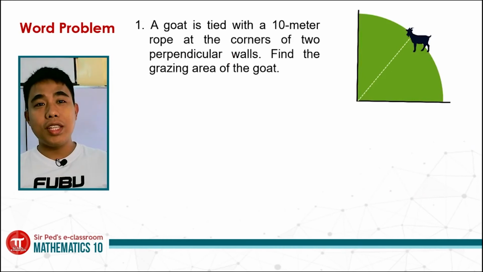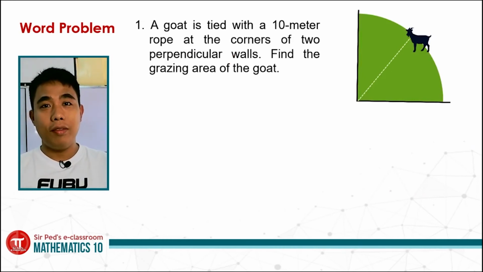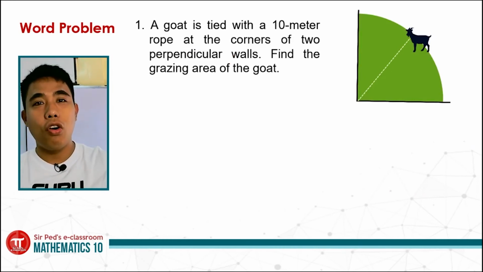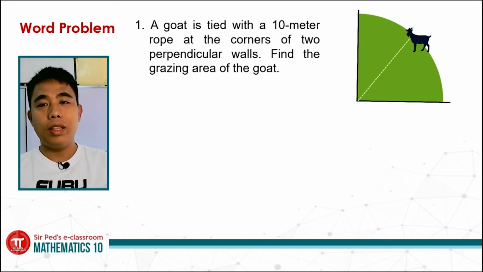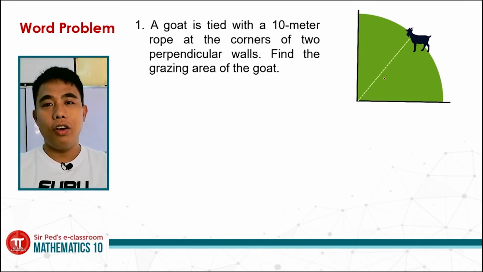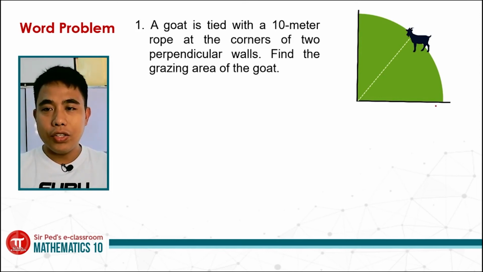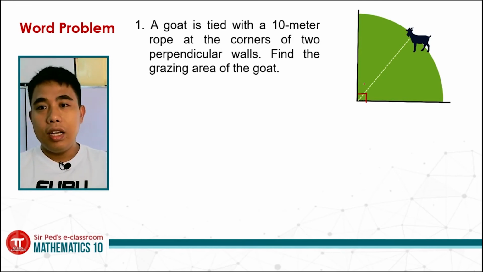Now let's proceed to word problems involving sectors and segments of the circle. So a goat is tied with a 10-meter rope at the corners of 2 perpendicular walls. Find the grazing area of the goat. So we have here an illustration. So these are the perpendicular walls. So kapag perpendicular, the angle measurement is 90 degrees.